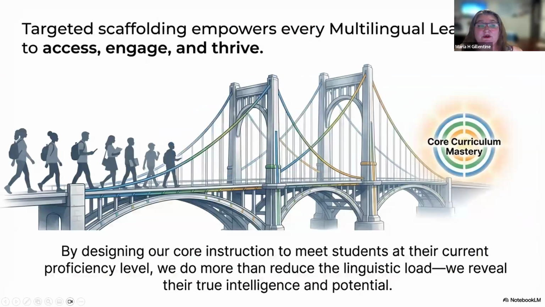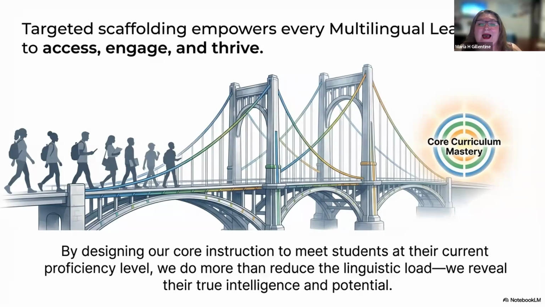So as we conclude, remember the targeted scaffolding allows multilingual learners to access, engage with, and succeed in rigorous academic content. Scaffolding is not about reducing expectations, it's about creating access. And when we design instruction around students' current language proficiency, we are not lowering expectations.